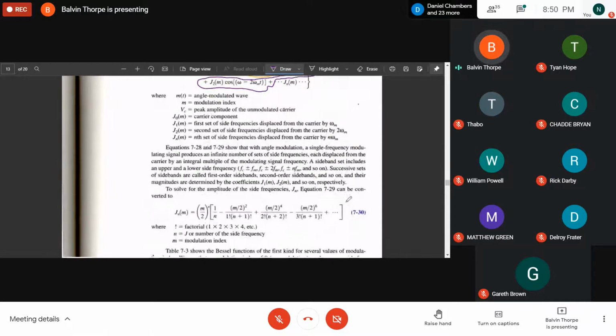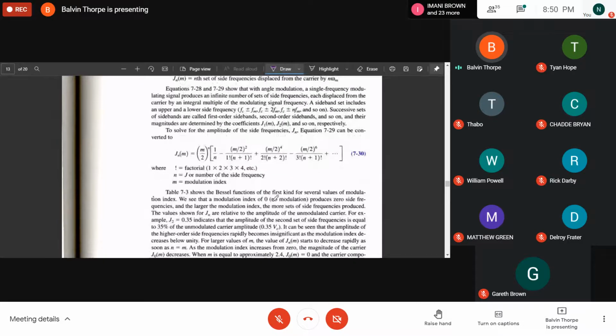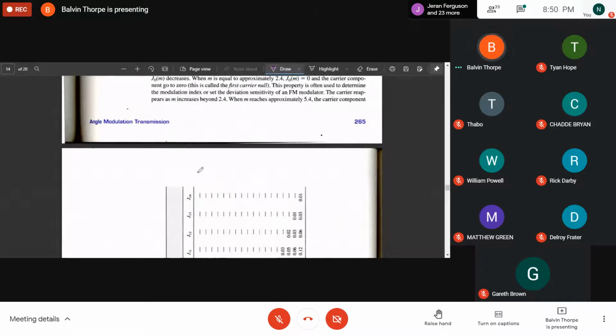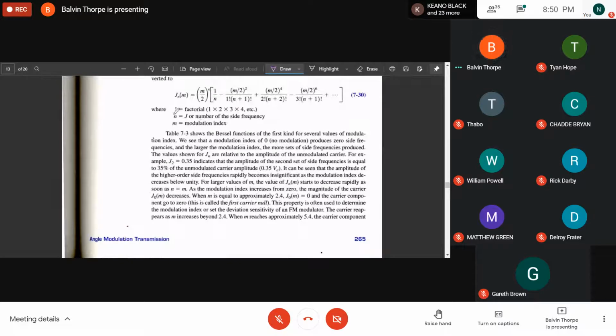So at the end of the day, that expression, which is why she was talking about the factorial, the Jn part is a factorial expression, which again for here you don't need to get into. And eventually, let's read this part of it, because that's the most important thing I want to get to you guys.